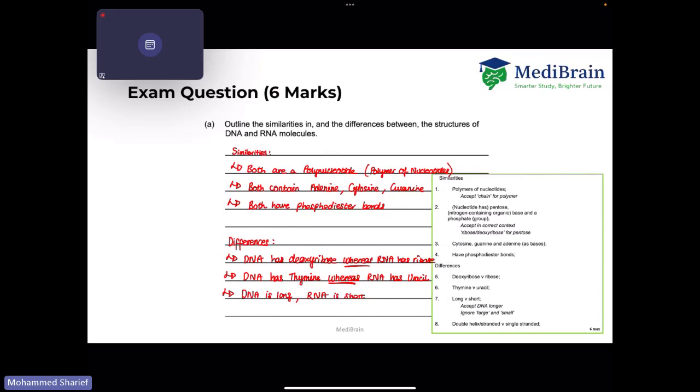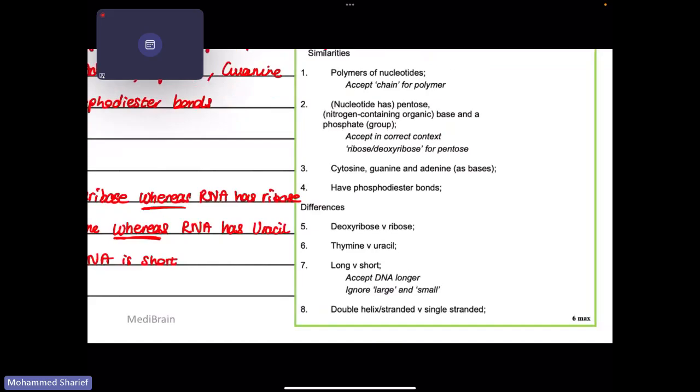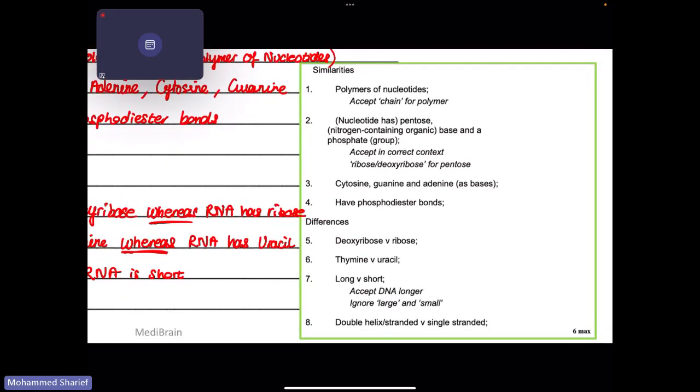If we look at the mark scheme, I've stated 3 points over here to balance, 3 points for similarities and 3 points for differences. Okay, so the similarities: polymer of nucleotides, which we said polynucleotide. Nucleotide has pentose, base, and phosphate group. We didn't mention this point, but I did say you could mention it.